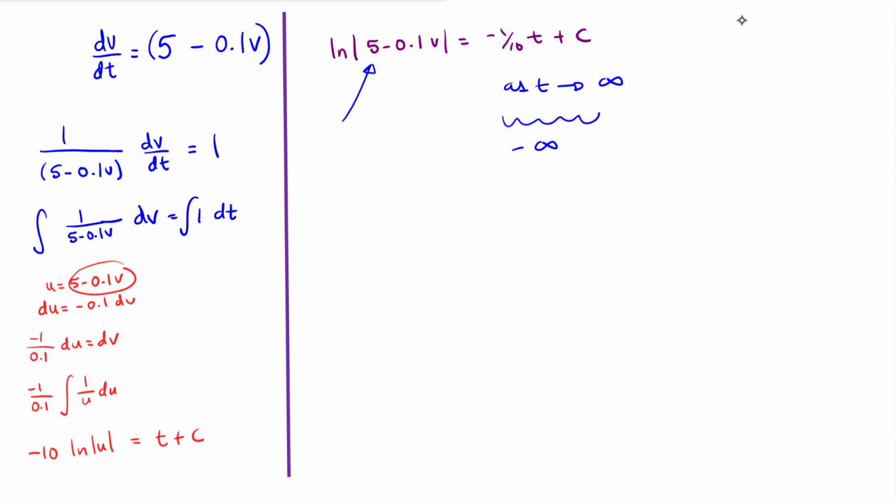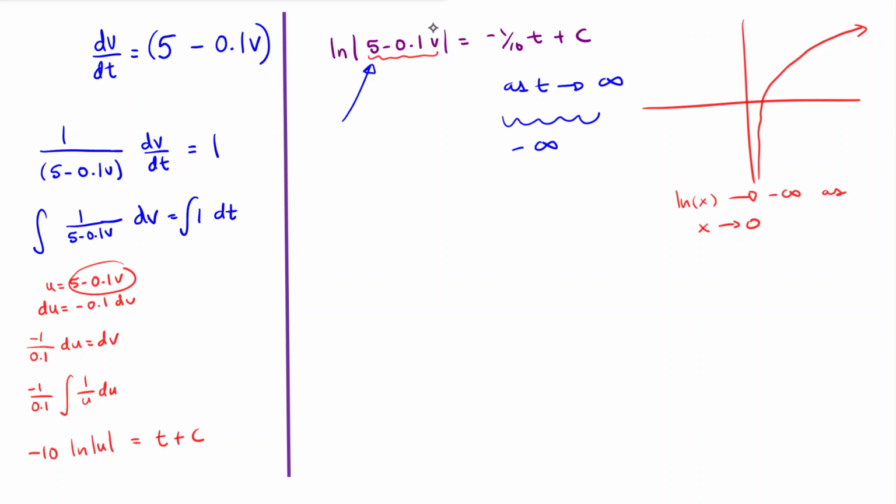It's natural log of this expression. Well, recalling back our graph of natural log, we see that natural log of x goes to negative infinity as the input x goes to 0, particularly 0 from the right. Now our equation is not just natural log of x, it's natural log of this.